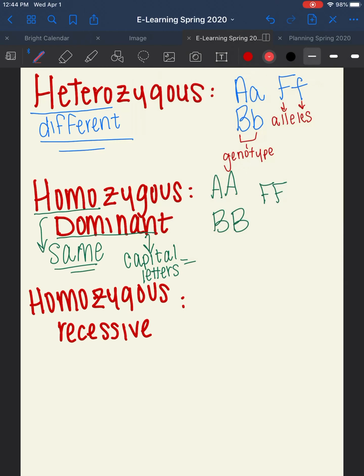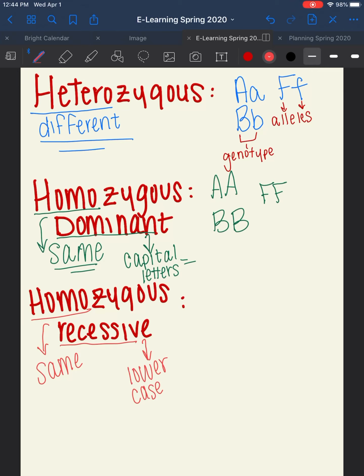And then finally, the last one is homozygous recessive. Again, homo means same. Recessive means this is the weaker trait, so that is represented with lowercase letters.